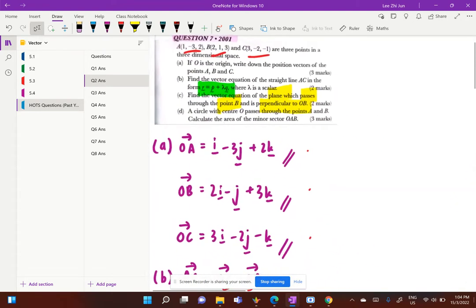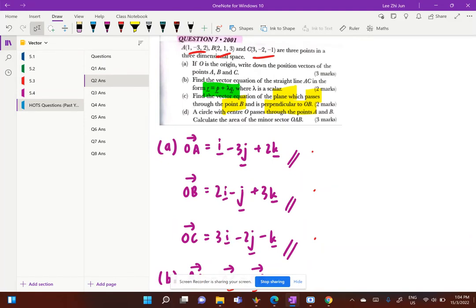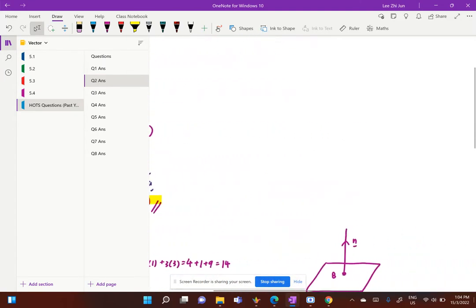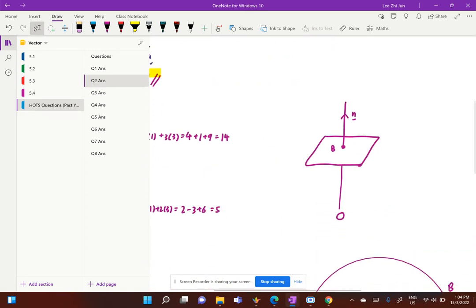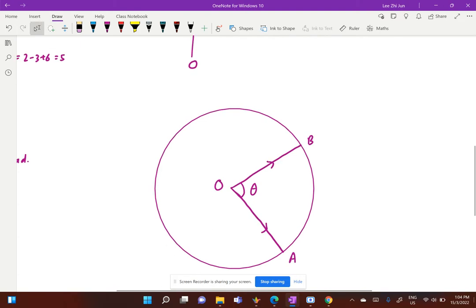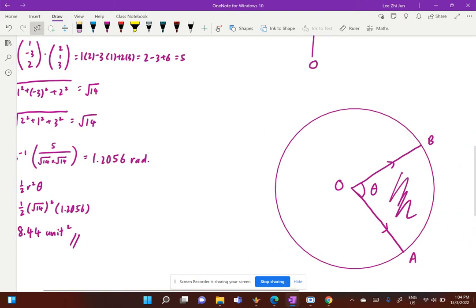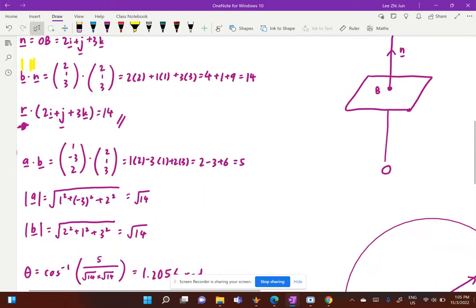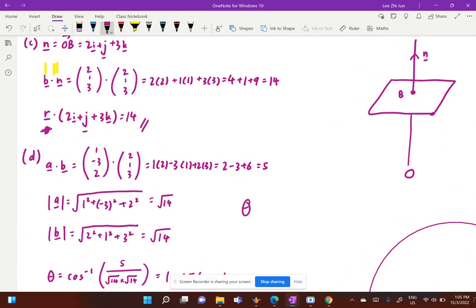So last, there's a circle with center O passing through the points A and B. Calculate the area of minor sector OAB. Okay, I draw it here. To find the minor sector of OAB, simple, you need to find the angle, so you need to find the dot product and the magnitude.